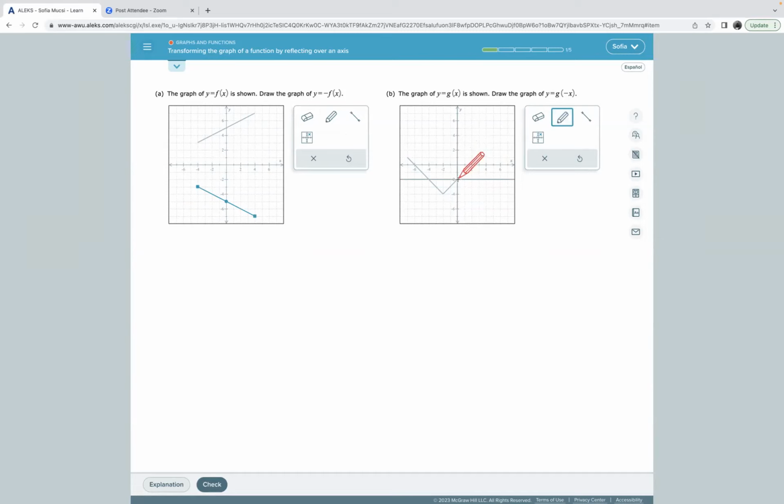So this would be the same here. That's correct. 2, 2. That's good.